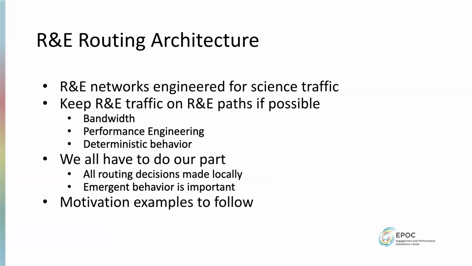So what we want is to figure out a way that we can configure our networks such that traffic between University A and Lab Z traverses science networks D, E, and F, rather than going across commodity.